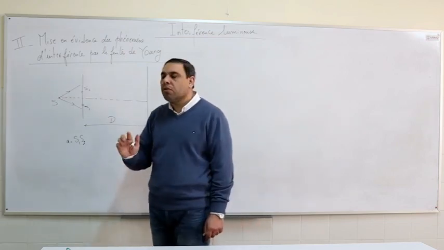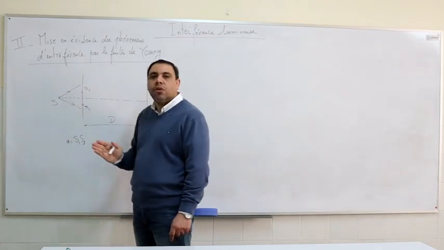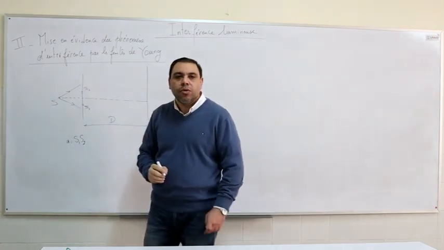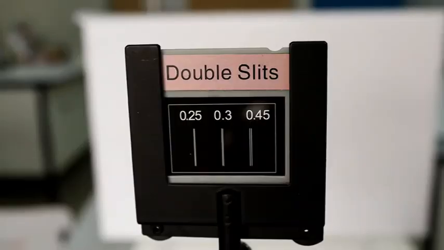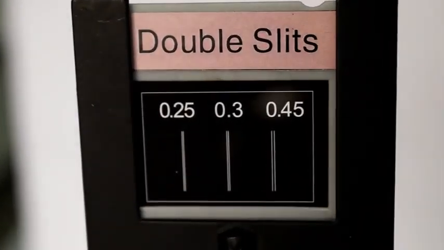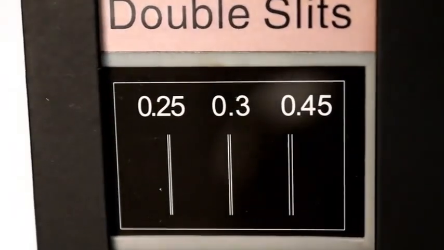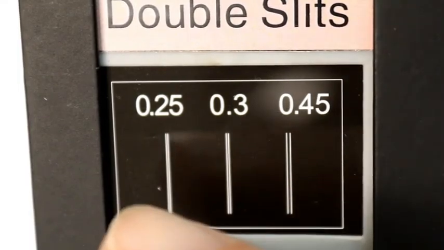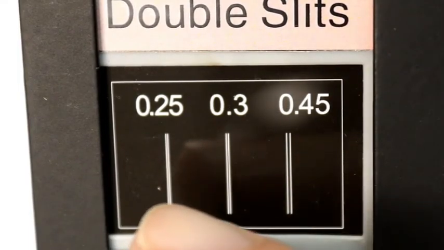Now we are going to demonstrate Young's experiment. This set contains three Young's double slits. Notice how close each of the double slits are. Here we have very close and very thin rectangular slits.